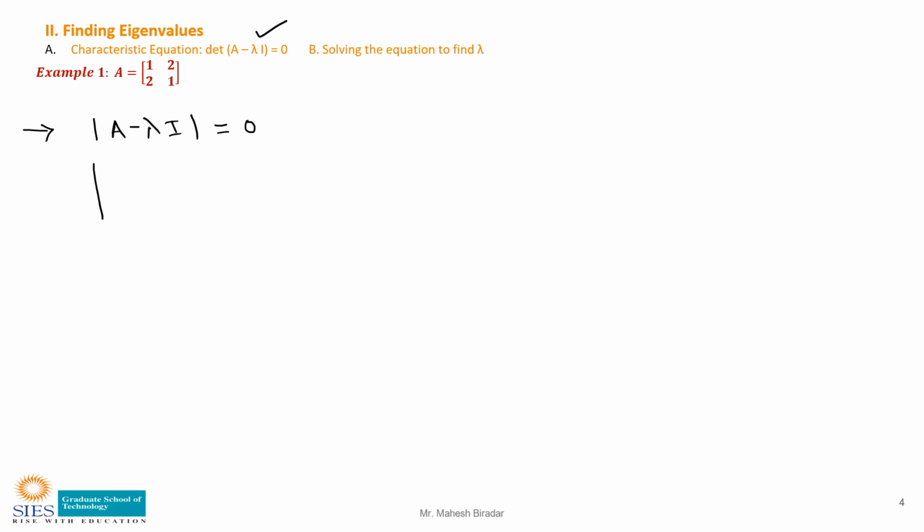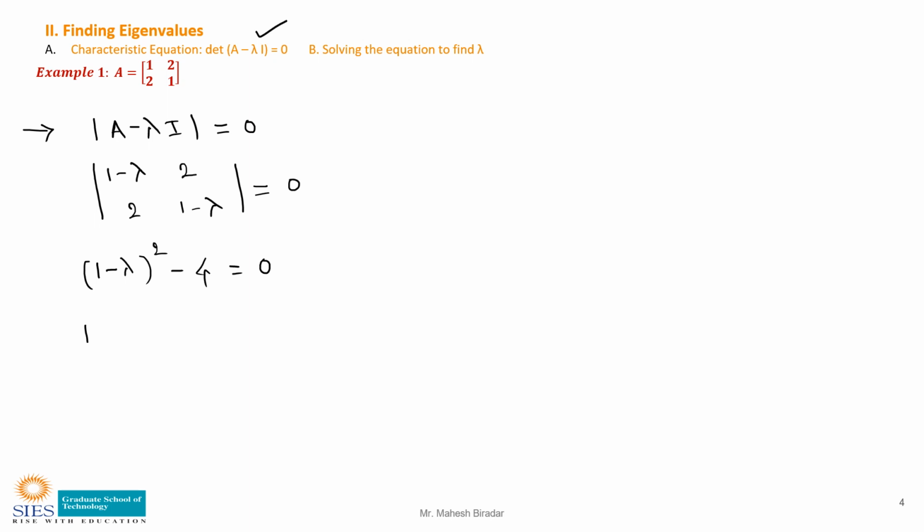So for the above matrix we can write the determinant of 1 minus lambda, 2, 2, 1 minus lambda equal to 0. Solve this equation: (1 minus lambda) whole square minus 4 is equal to 0. This is the determinant.